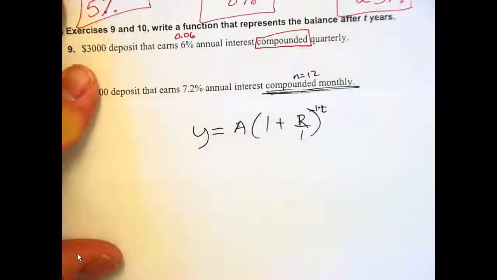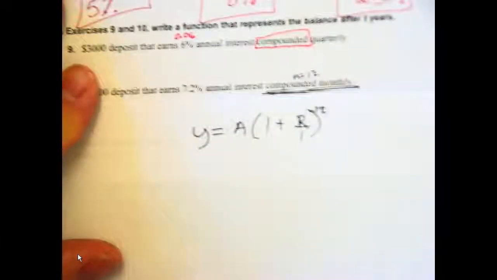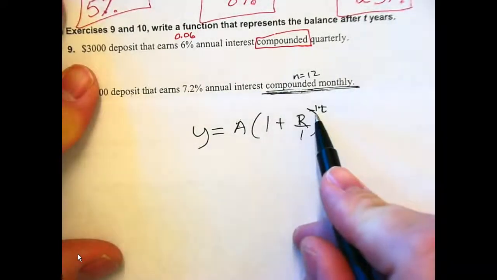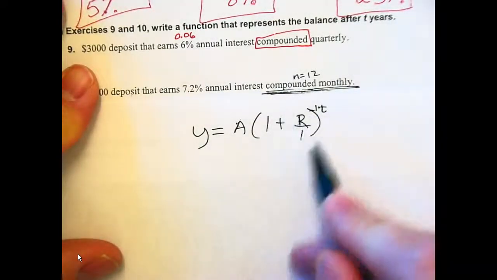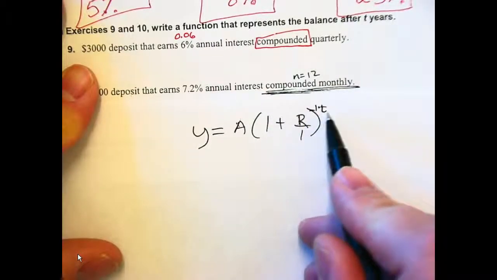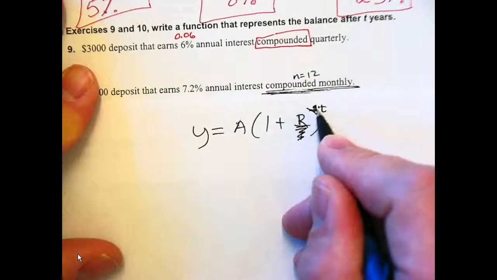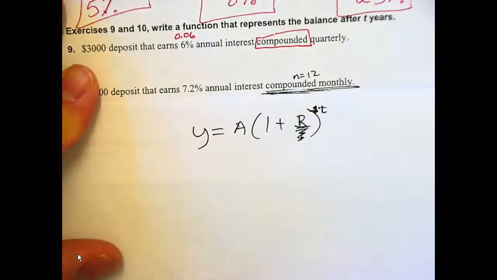Why don't they put the ones then? Yeah, you assume it's 1, and what happens when you divide by 1? Same number, you get r. And what happens when you multiply t by 1? You get t. So it would be a waste of your time to put the ones when we compound annually. Okay? That's why we don't put them.